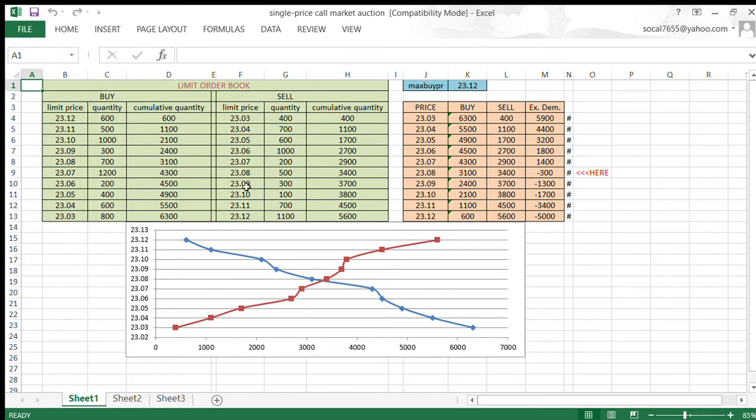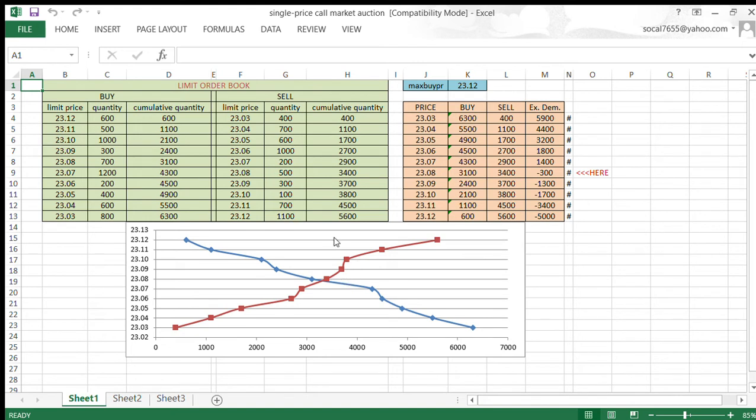So we're going to figure out what the opening price has to be. You'll remember from microeconomics that if we have competitive markets, the price at which the market demand curve and the market supply curve intersect is the equilibrium price, and the quantity that you read off the horizontal axis is the equilibrium quantity for that market.